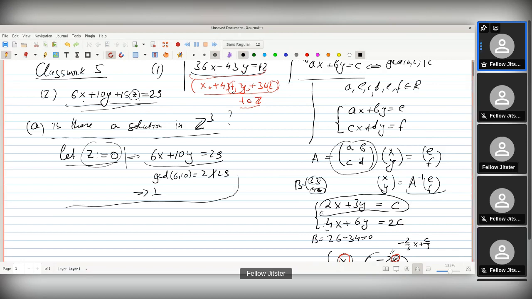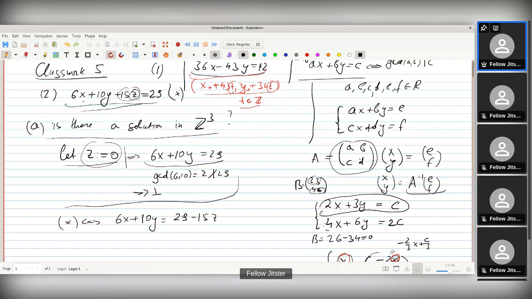But we have more tries. We can take something else than z equals 0. In principle, we should take such a number that our equation is equivalent to the following: 6x plus 10y equals 29 minus 15z.